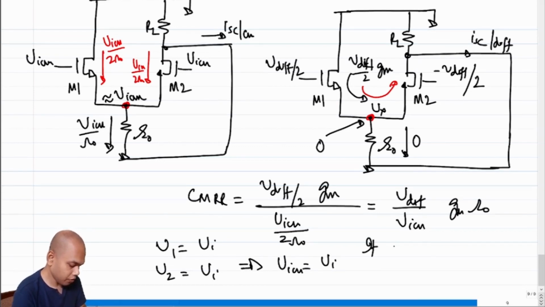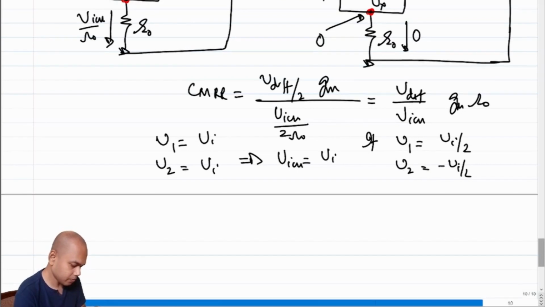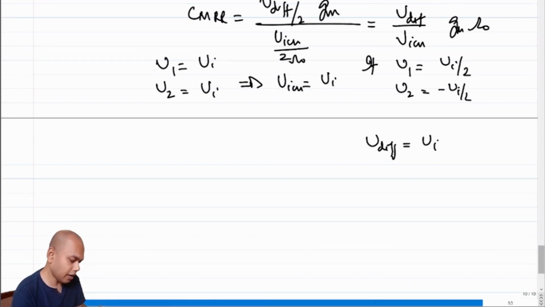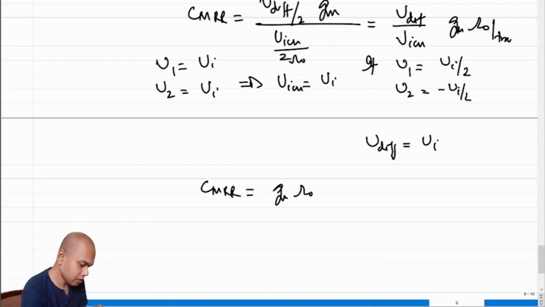So if V1 is equal to Vi by 2 and V2 is equal to minus Vi by 2, then what is VDiff? Then VDiff is V1 minus V2, that is Vi, correct? So essentially under this condition your CMRR becomes Gm times R naught. By the way, this is R naught of the tail transistor.